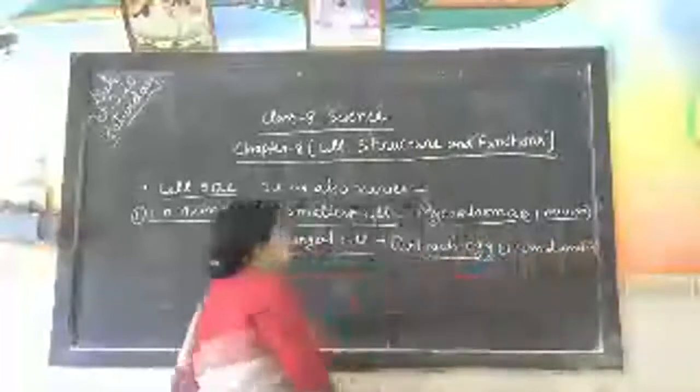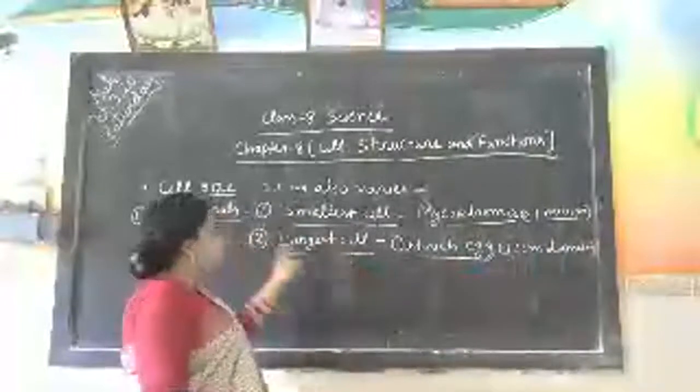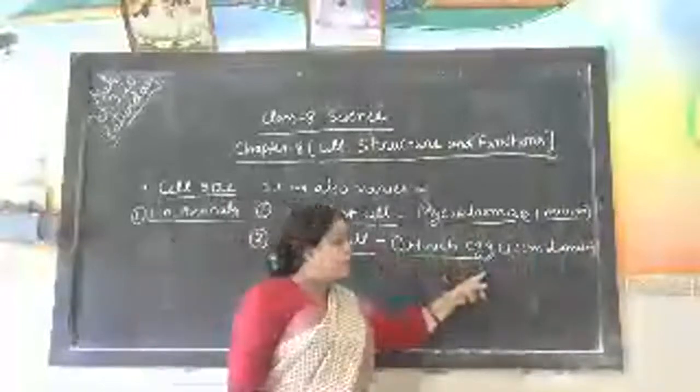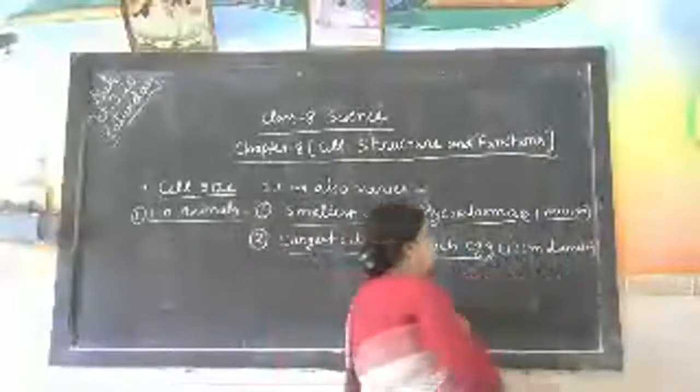The largest cell in animals is ostrich egg. It is about 17 centimeter in diameter.